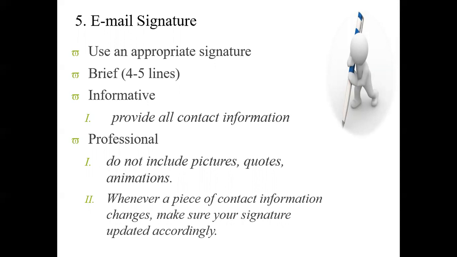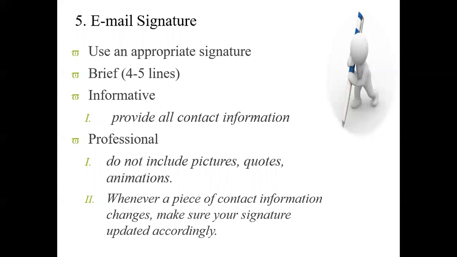Moving to the email signature, use an appropriate signature which should be brief, 4 to 5 lines, and that has to be informative, because you should provide all contact information. So your name, designation, or your place of work, and then you can also talk about your contact information as well.